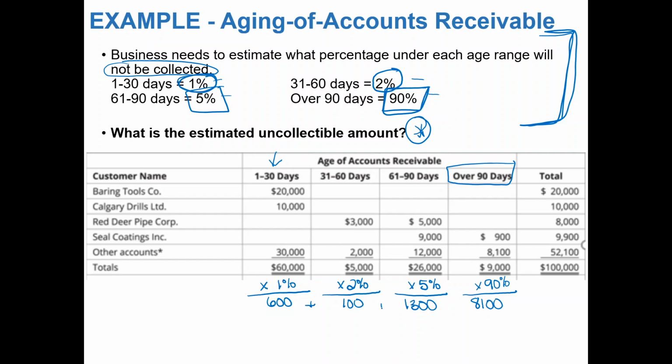So we just go ahead and add each of these up. So 600 plus 100 plus 1,300 plus 8,100 equals a total of $10,100. So this $10,100, this is the estimated uncollectible amount.